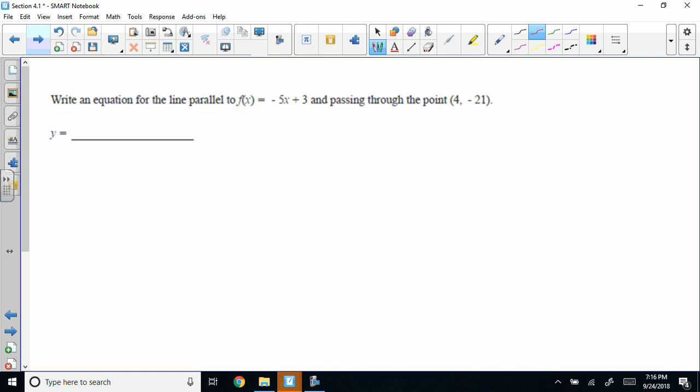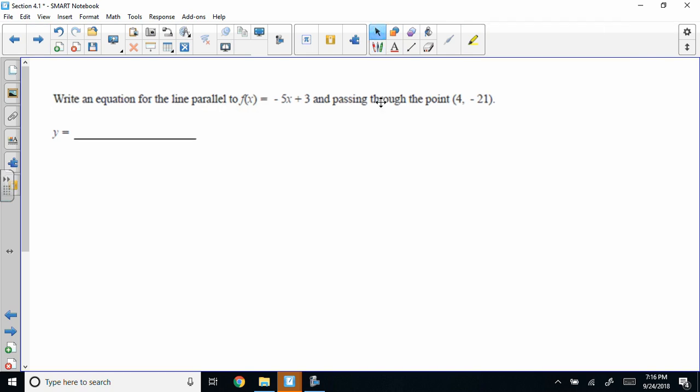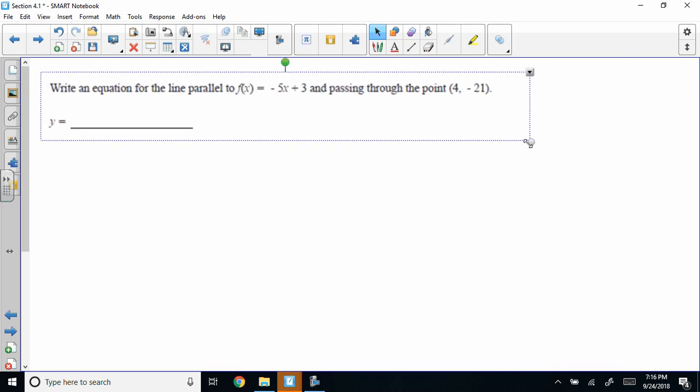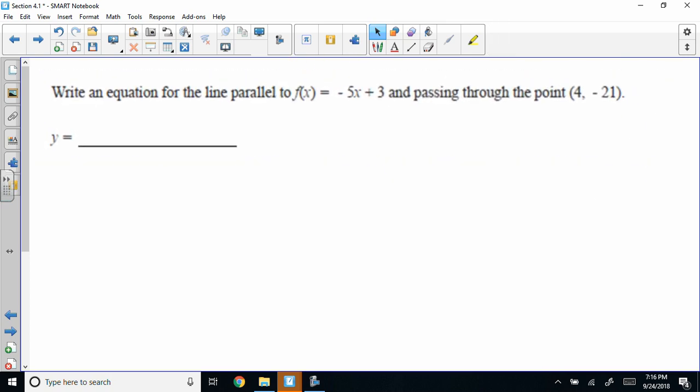Okay, so write an equation for the line parallel to negative 5x plus 3 and passing through the point 4, negative 21. All right, guys. I'm going to tell you something. We're going to write this, and we're going to use the equation point slope form, okay?